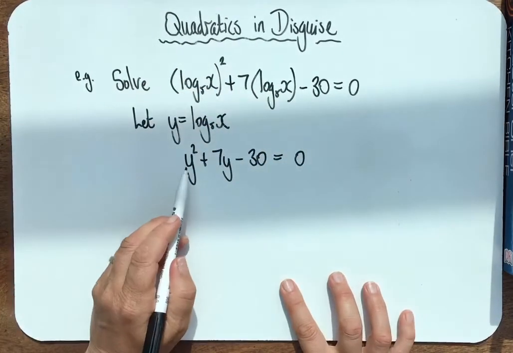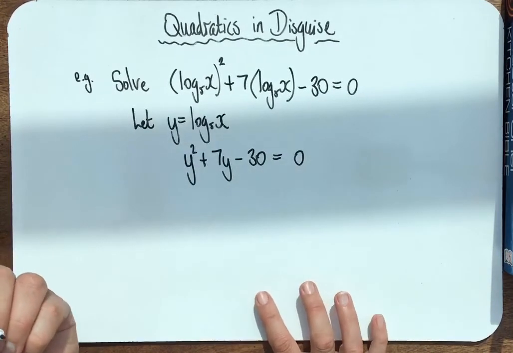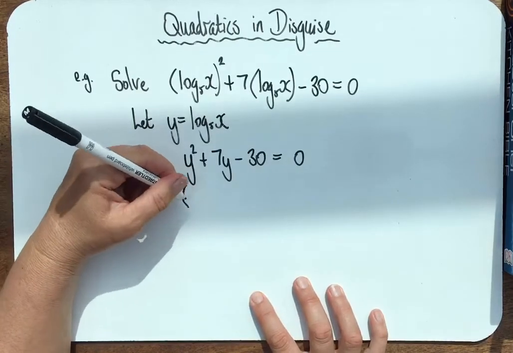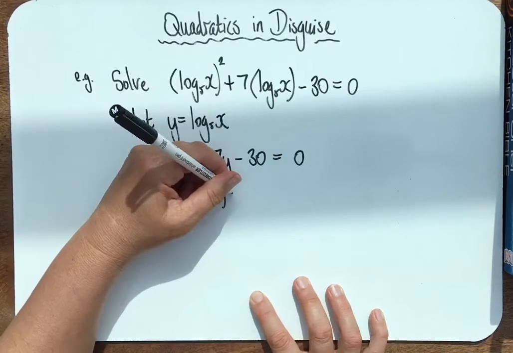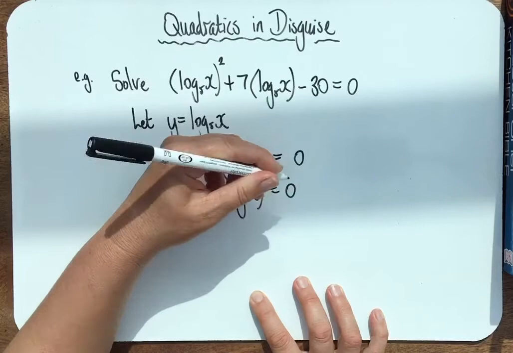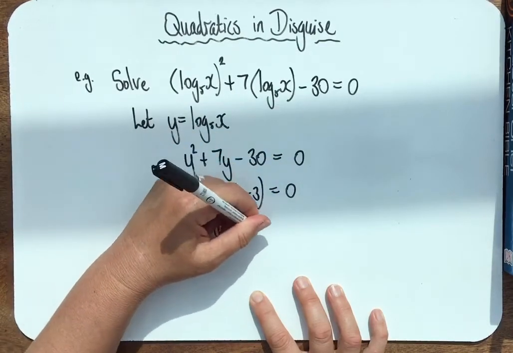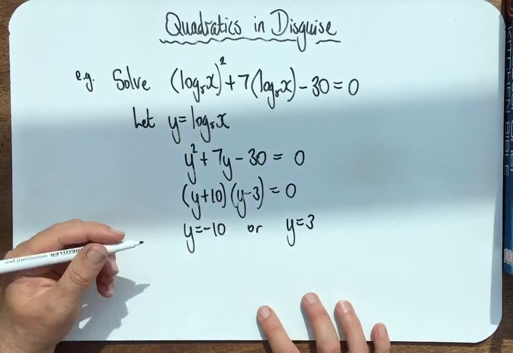So you could just pop this into a calculator, solve it as a quadratic. This one factorises to y plus 10, y minus 3. So y is equal to negative 10 or y equals 3. And y is log to the base 5 of x.